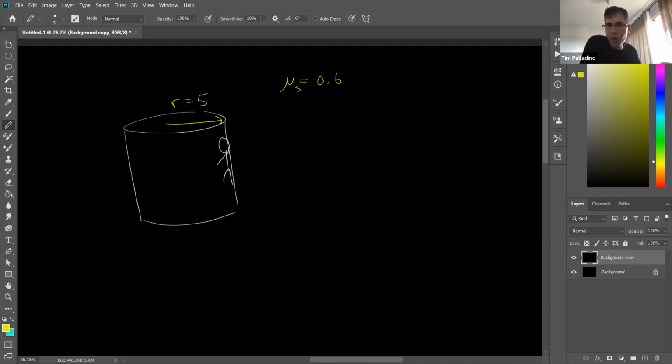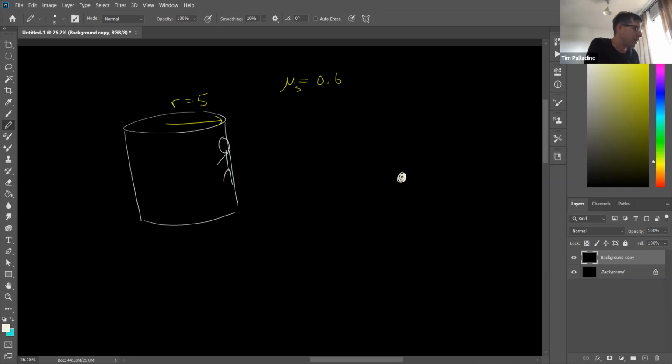And the first thing they want us to do is draw a free body diagram. So let's draw the free body diagram for the forces acting on this person. I'm going to give you guys 1 minute. So here's the person. See if you can draw and identify all of the forces acting on this person.